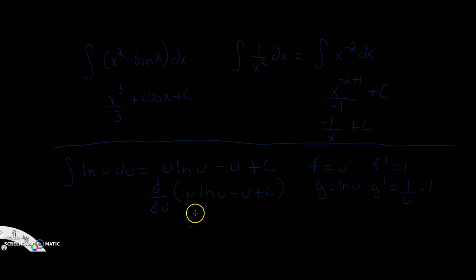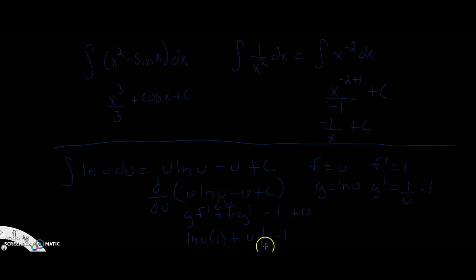When you do this, it's g f prime plus f g prime. That's for this part over here. Then minus 1 plus 0, because the derivative of u is 1, and the derivative of c is 0. Now you plug in g is ln of u times f prime, which is 1, plus f is u, g prime is 1 over u, minus 1.